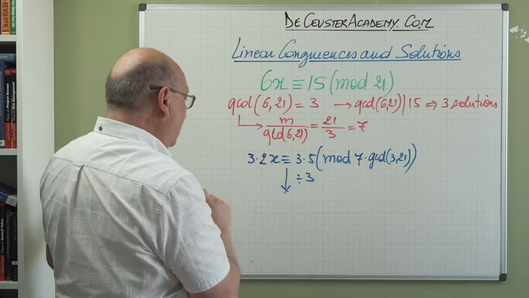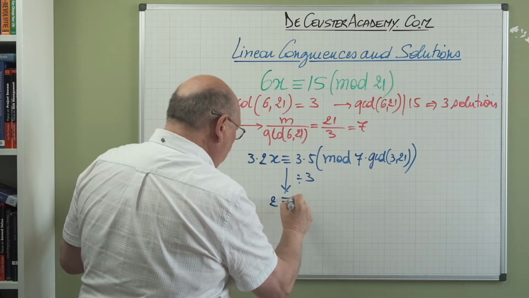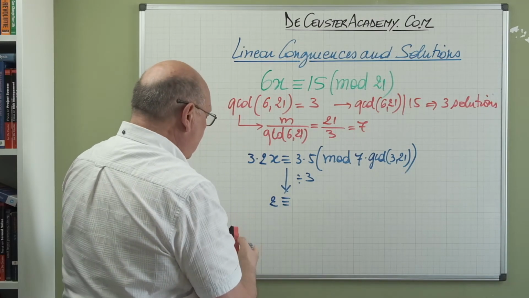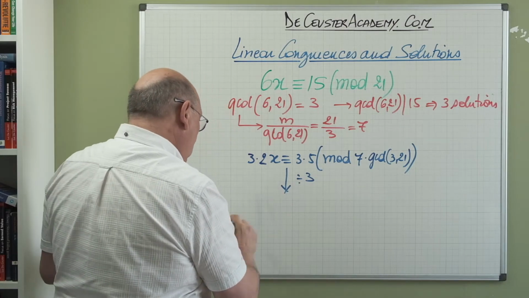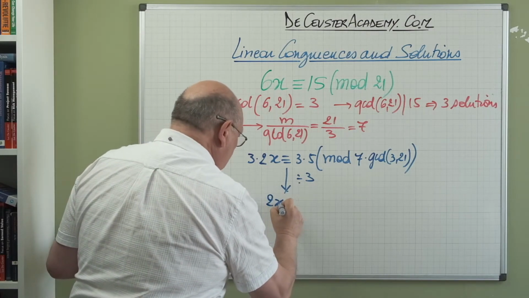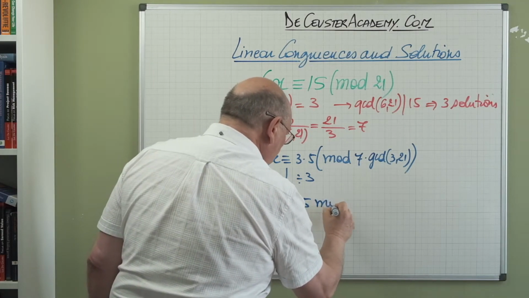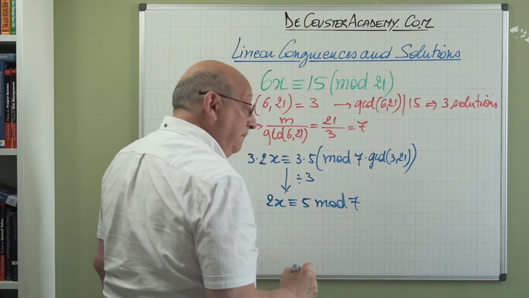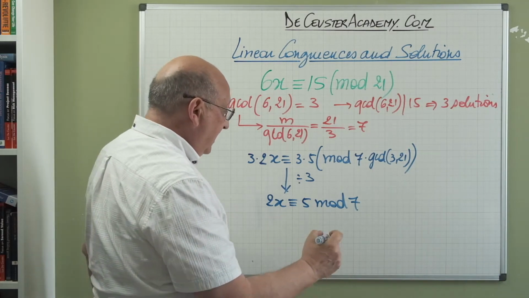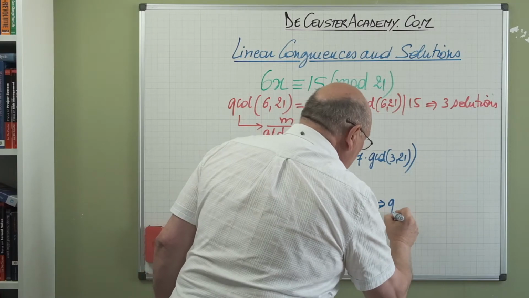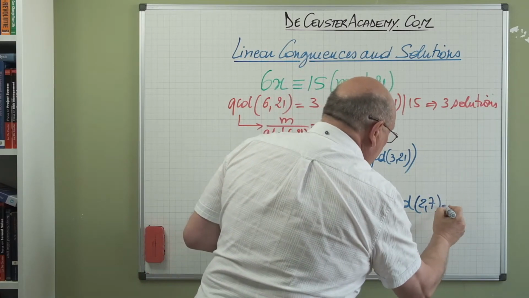So 2x is congruent with 5 modulus 7, and when we look at this, we know that in this case the GCD of 2 and 7 is 1.